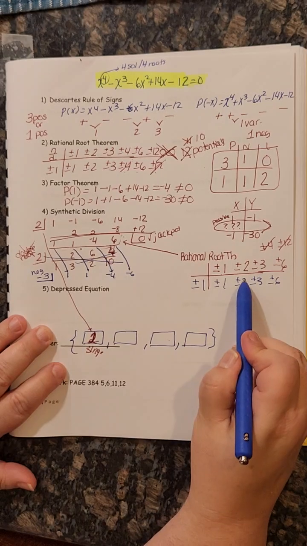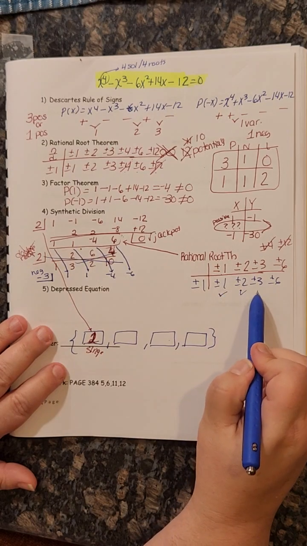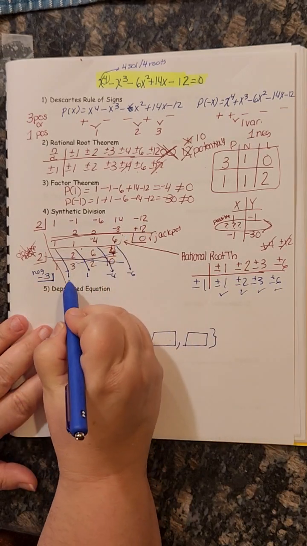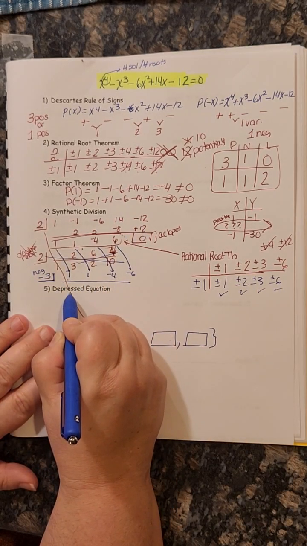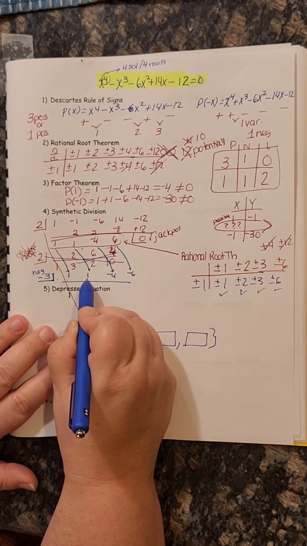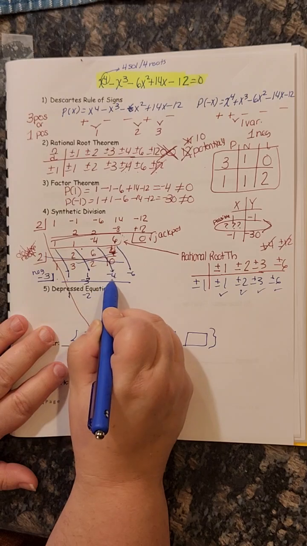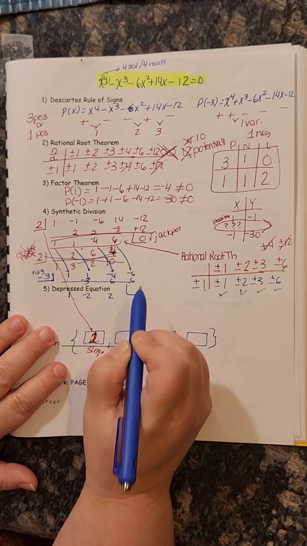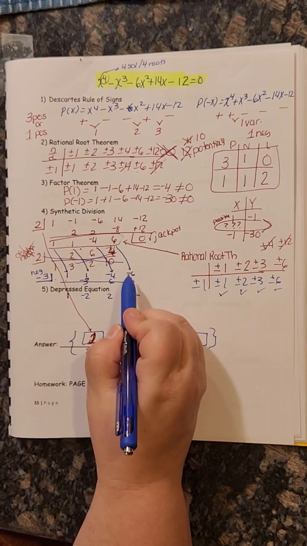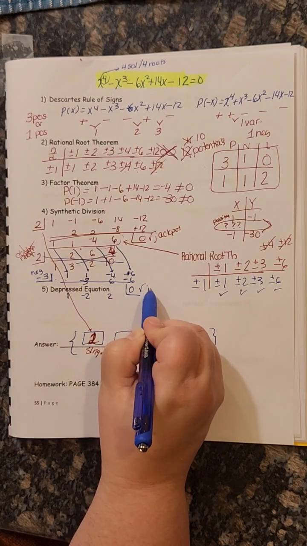Okay, so I already tried the 2. And if I want to try a negative, I could do a negative 1, a negative 2, a negative 3, a negative 6. I'm going to try negative 3. I'm going to jump into the depressed polynomial here. So negative 3, negative 2, 6, 2, I'm getting a positive 2, and this was a positive 6 before, and now it's a negative 6, and I hit the jackpot.